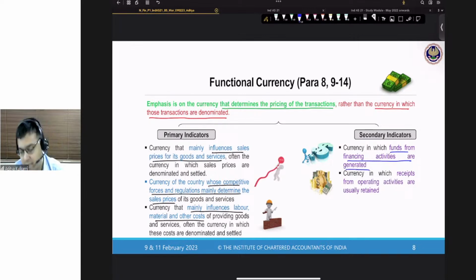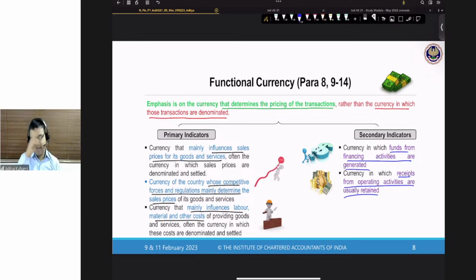So if that is the case, you move to the next one, the currency in which receipts from operating activities are usually retained. The funds that you get from your operations: Emirates collects the flight ticket costs. So in what currency does it retain them?